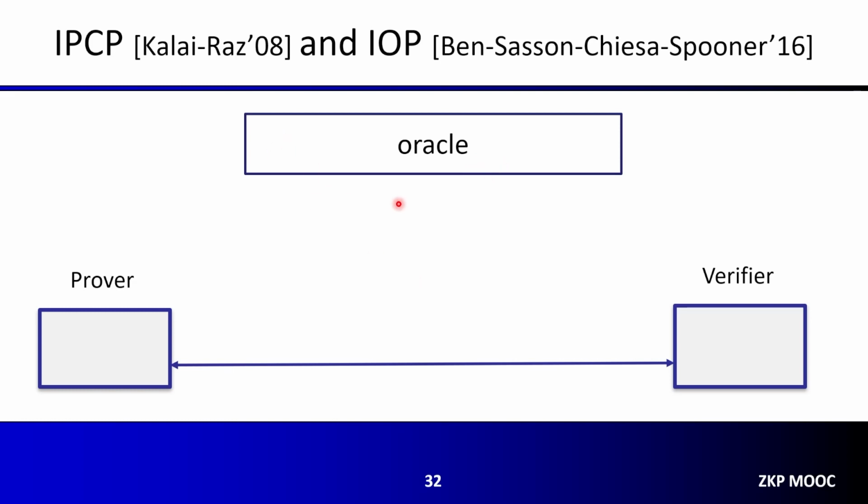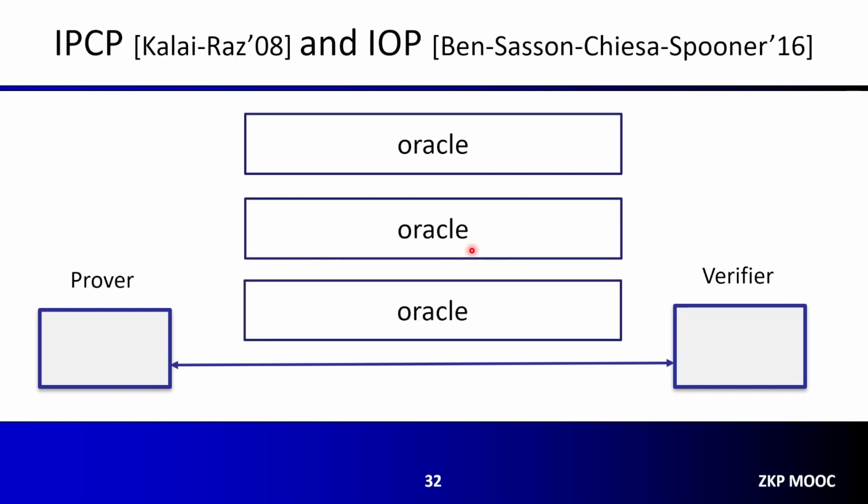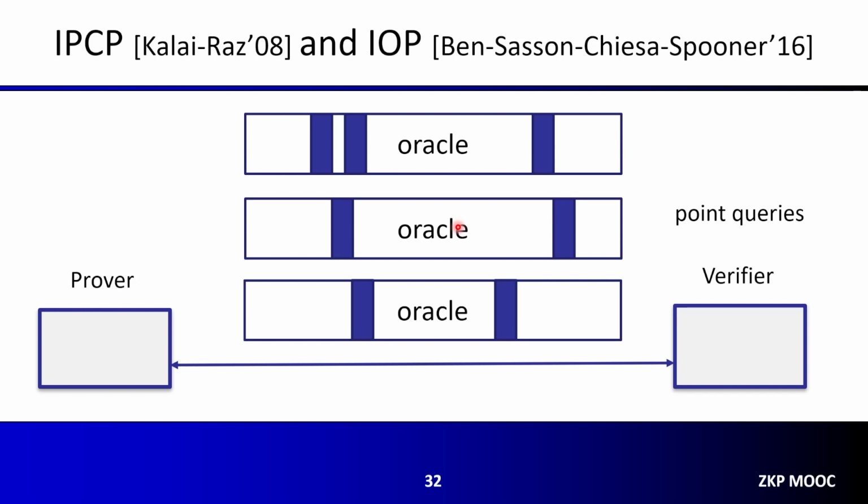In this model, instead of sending a single oracle, the prover can interact with the verifier and send multiple oracles during these interactions. And note that it's only interesting with the interactions, otherwise the prover can just send all of these oracles together as in the original PCP. And after that, the verifier can make point queries from all of these oracles and then check the correctness of the computation.